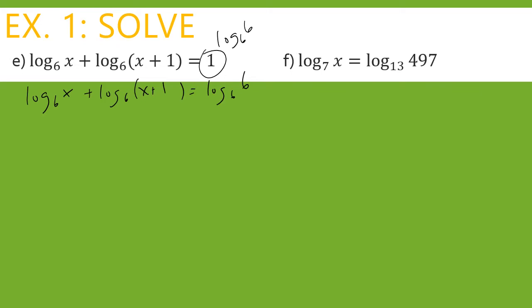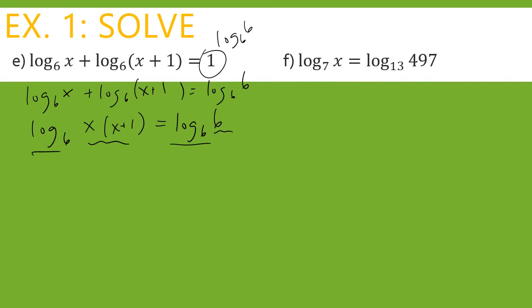Now just like the last question, I'm adding. The bases are the same. That means I can use product law. So log in base 6 of x times x plus 1 equals log in base 6 of 6. This is the same as that side. They're both log 6s. So all that means is this has got to equal this.